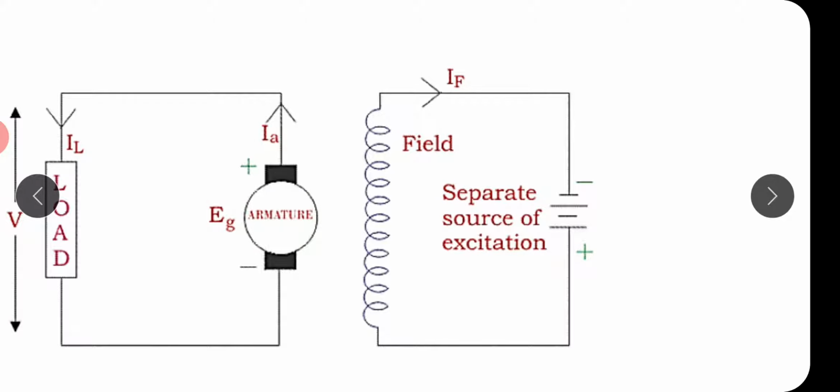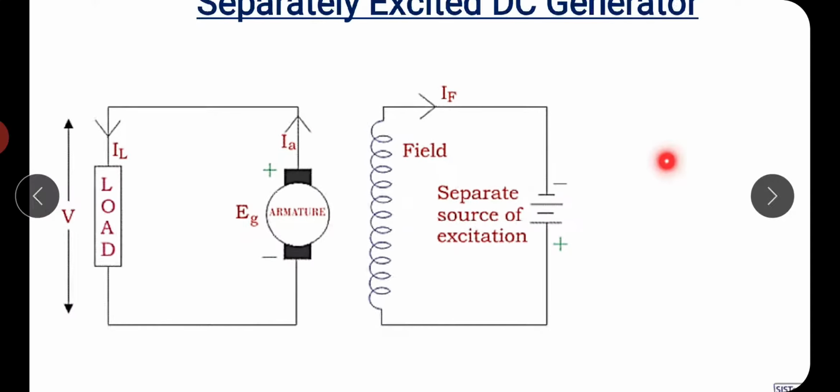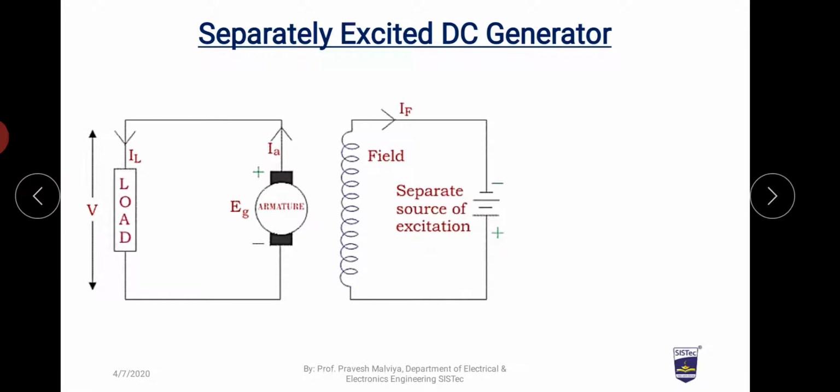Both of them are separate, so we can say that this is a separately excited DC generator. If we have to increase or decrease the terminal voltage for this generator, we can vary it by increasing or decreasing the field current flowing in that separate circuit.